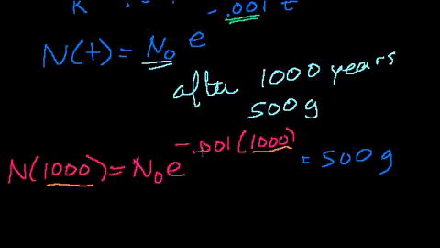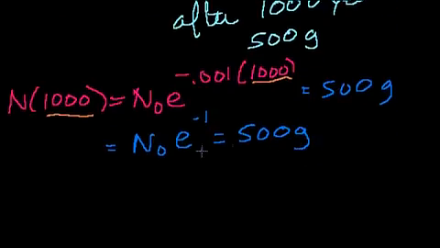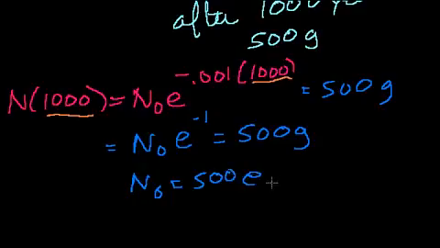So what's the e value? 0.001 times 1,000 is 1, so n sub naught times e to the minus 1 is equal to 500 grams. Or I could multiply both sides by e, and I have n sub naught is equal to 500 e, and e is about 2.71.